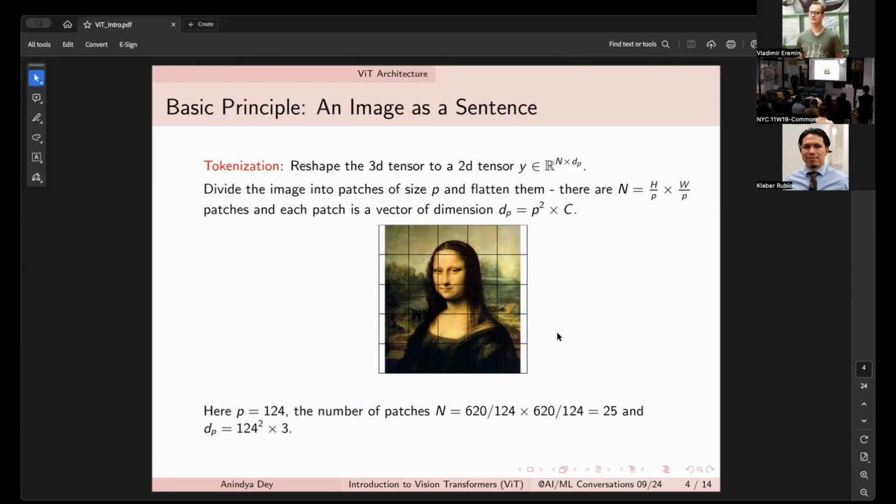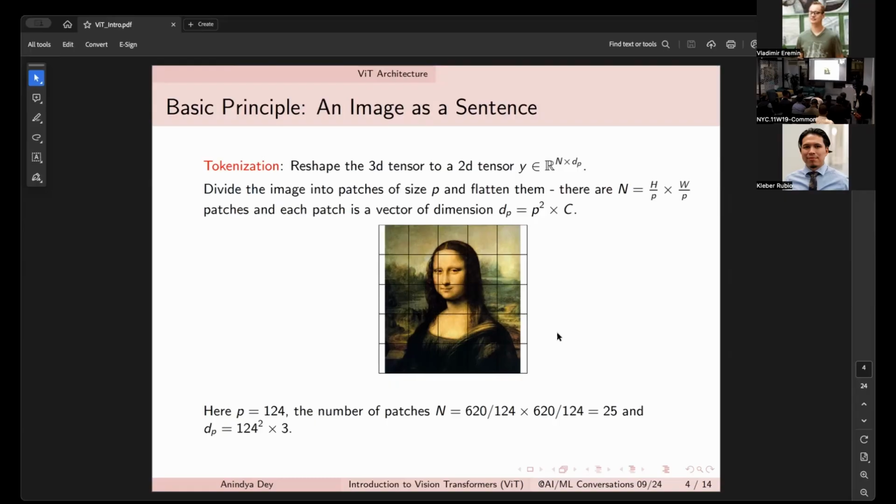Now, to begin with, each patch is also a 3D tensor, right? It has a width, a height, and a color channel. But what we are doing is taking the patch and flattening it, which means taking the 3D tensor and making it into a vector. Then the dimension of that vector will be p squared times c.